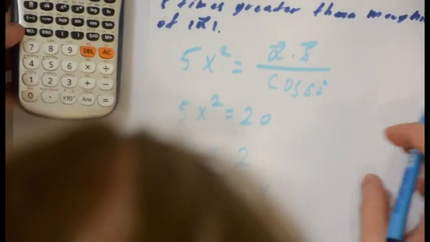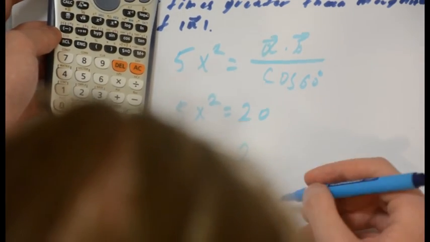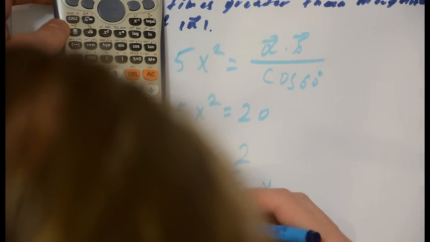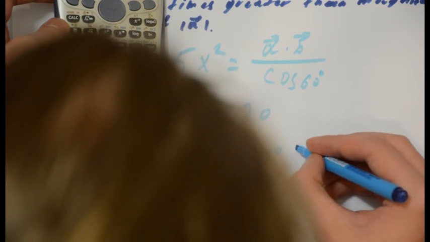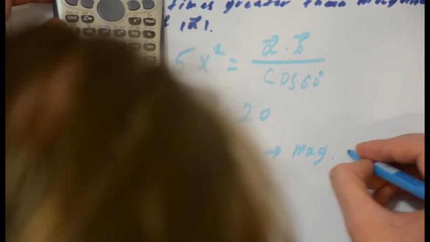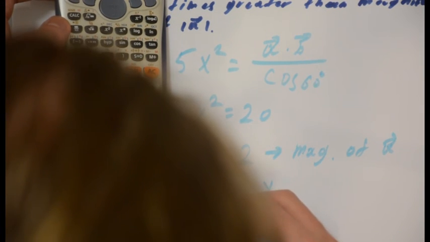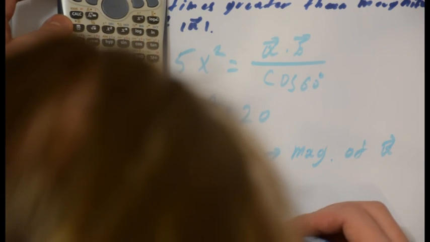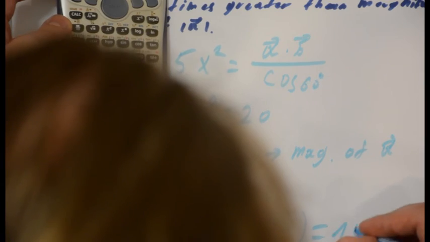So now we know the magnitude of A, and we know that the magnitude of B is 5 times greater. So the magnitude of vector A, and the magnitude of vector B, is going to be equal to 2 times 5, which is just going to be equal to 10.